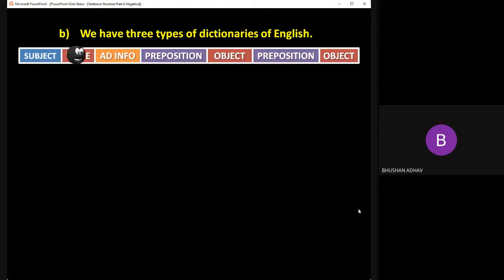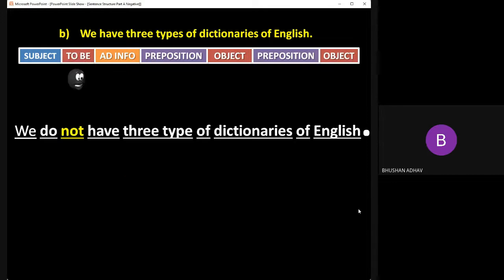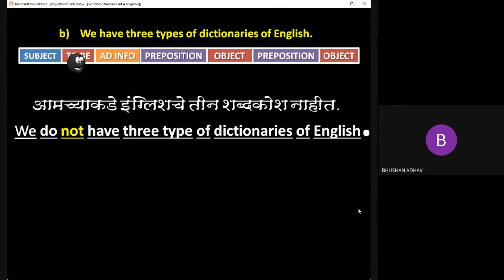And when there is no verb after have, has, and had, consider that is danger zone. And have, you just have to convert into do not have. So this was danger zone. We do not have three types of dictionary of English. We do not have. Correct?